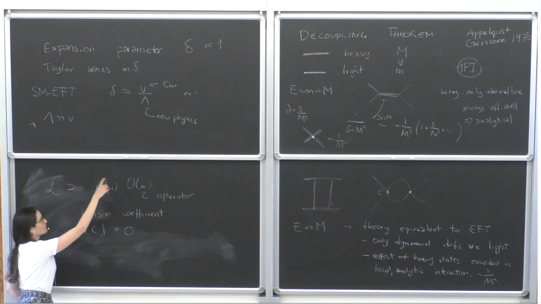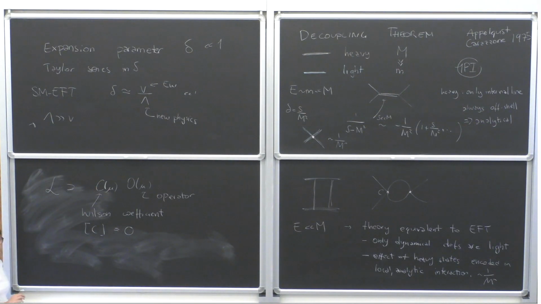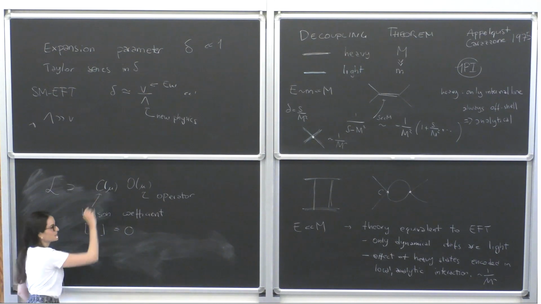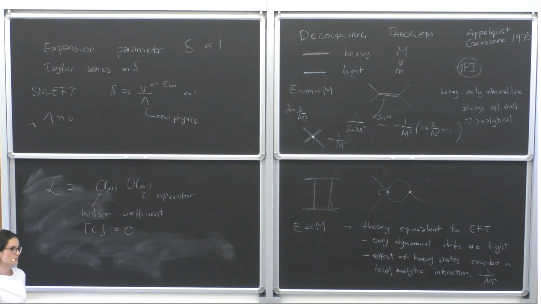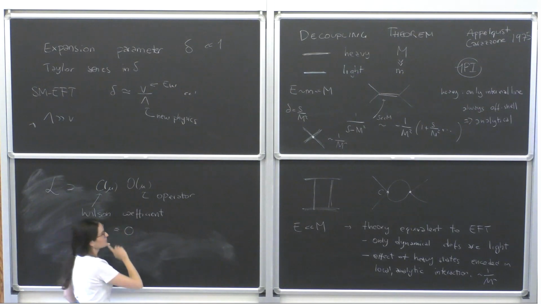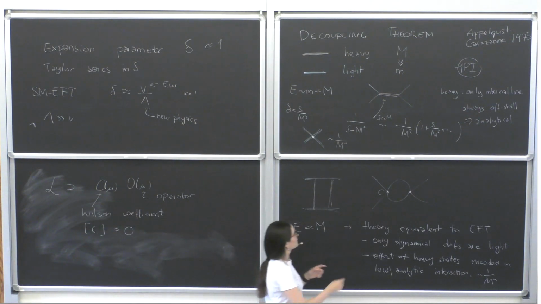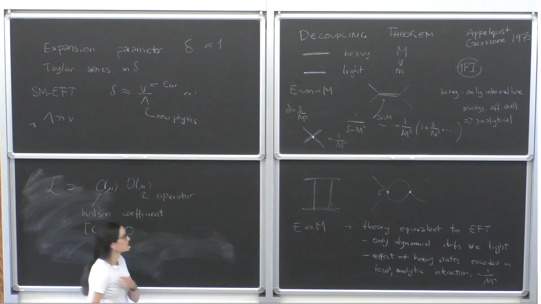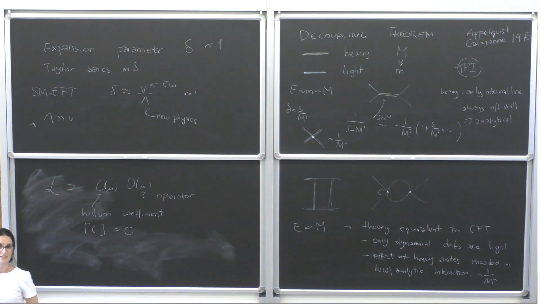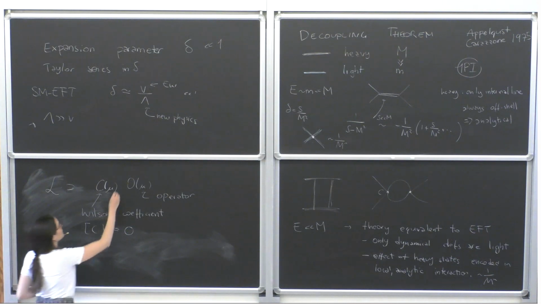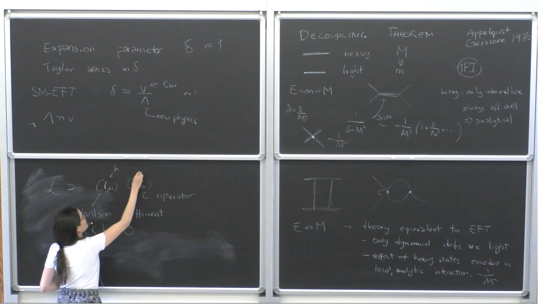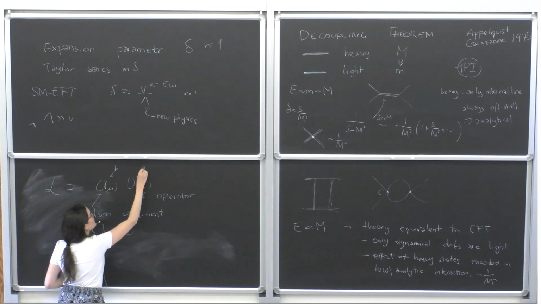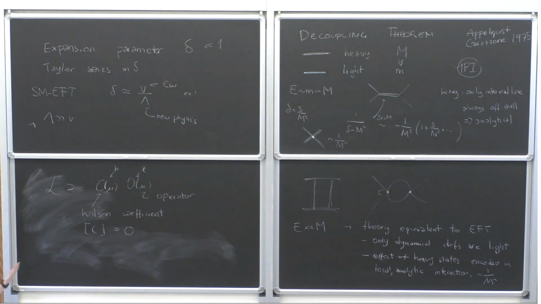So this all falls into the structure of the Wilson coefficient. The value that this takes depends only on the high energy part, while the operator is the part of the interaction, so it's the external fields that I'm attaching to the vertex. So this is essentially the light physics. So you are doing this decoupling of the heavy and the light part.